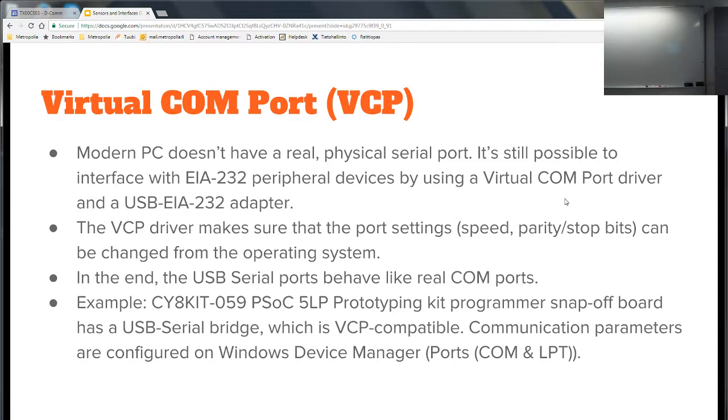So from the computer's point of view, it's exactly like any COM port. For a microcontroller, it looks like any serial line. The only thing that you need in between is a small device that makes the translation.